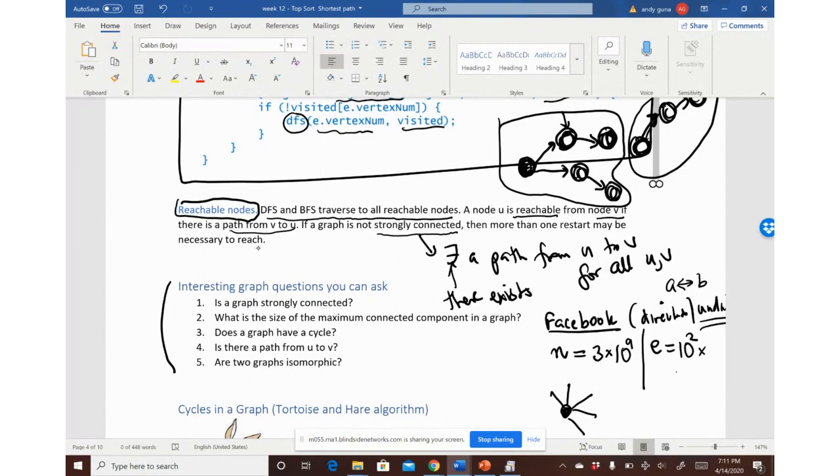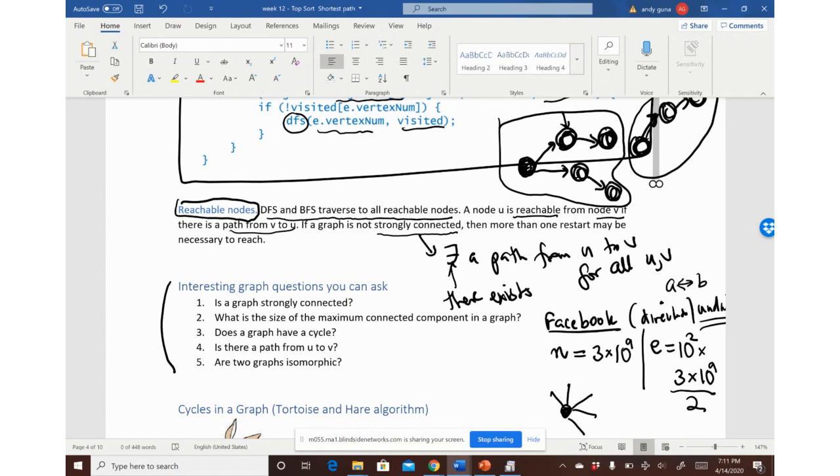If you multiply this by 3 times 10 to the 9, the n vertices, you take 10 to the power 2 times 3 times 10 to the 9, but we have to divide this by 2, because we counted things twice, since A to B and B to A are the same.